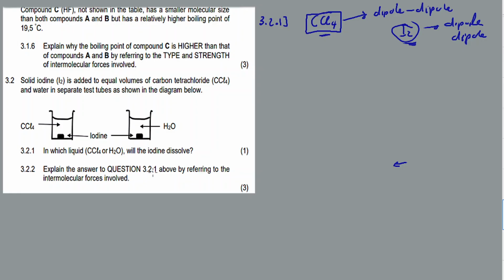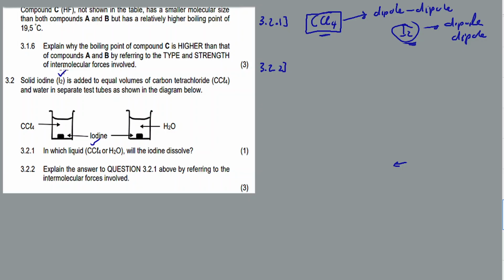Explain your answer above by referring to the intermolecular forces. I think I've covered it. It's because tetra has dipole forces, and iodine also has dipole forces.